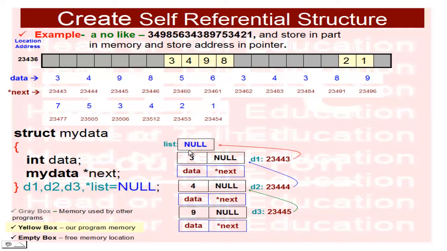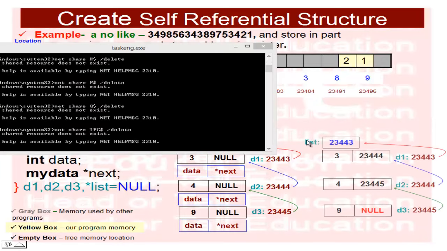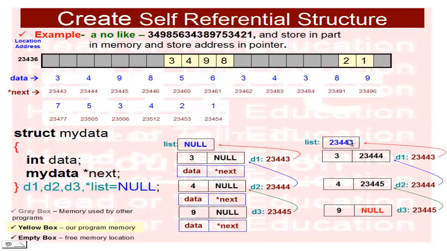Now the list already points to this address. So the list has this address, and at this address we have the data part with value equal to 3. Now the next is null, so I have assigned the next data address. Our next data is 4, so the next data address 23444 is assigned here.